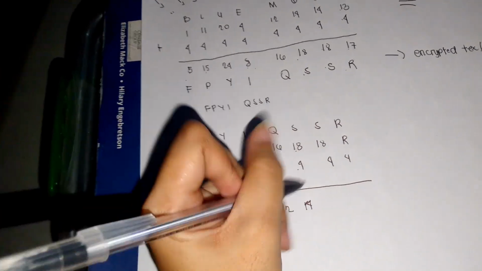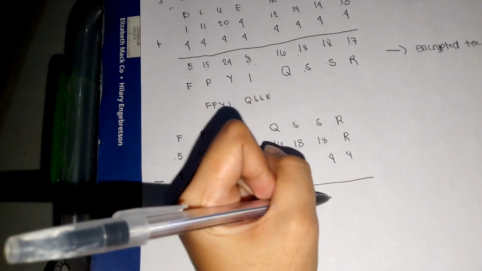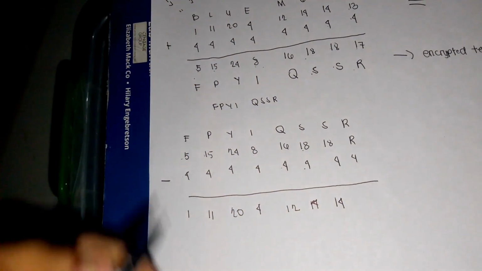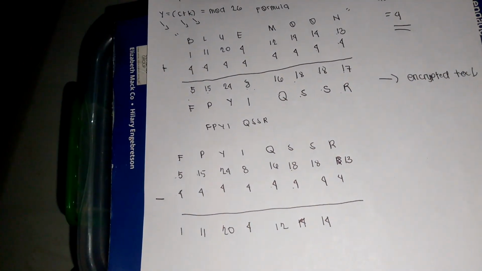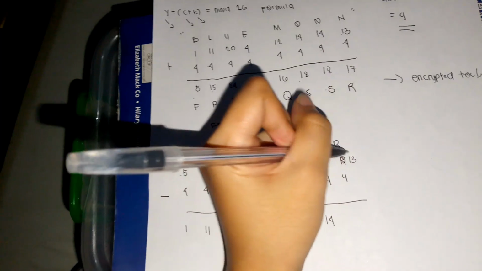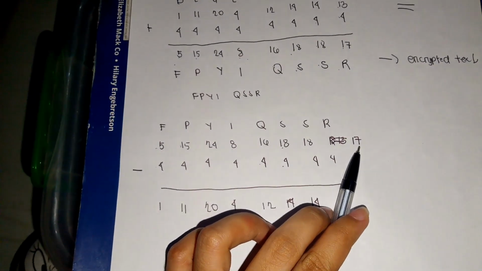Sorry, it's 14. S is for 14. And the next one is also 14. Then 13... sorry, typo. 13 plus 4 was 17, so 17 minus 4 is 13.